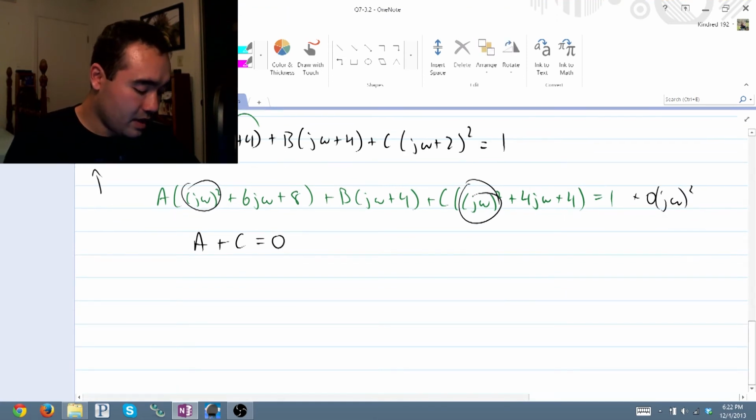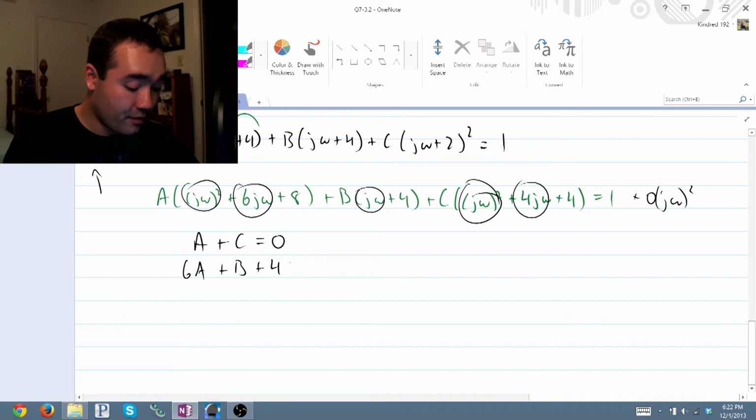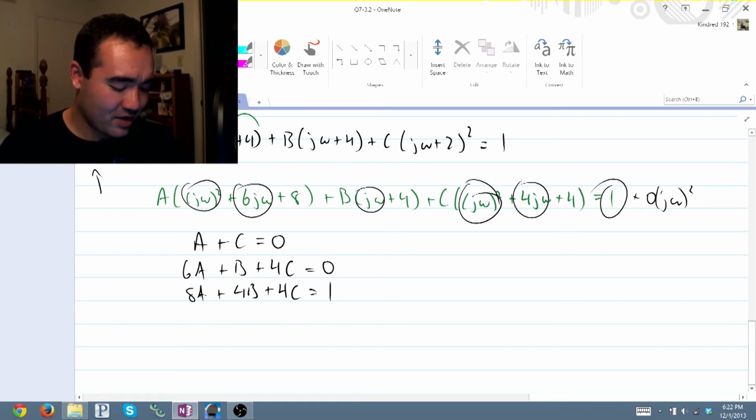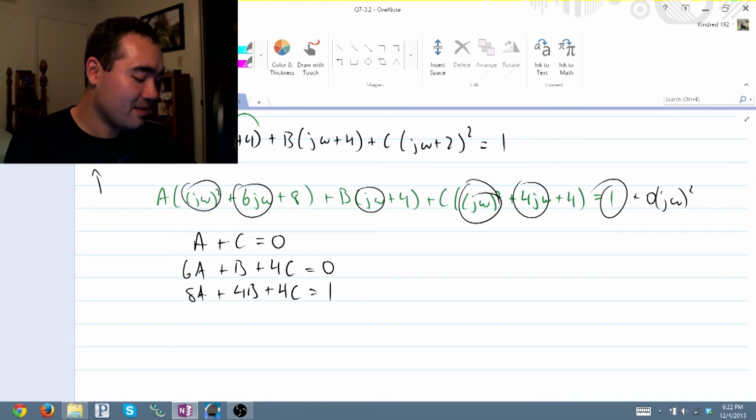Next expression, 6a plus b plus 4c equals 0. Finally, we have 8a plus 4b plus 4c equals 1. Don't forget that constant. It's an easy mistake to make.